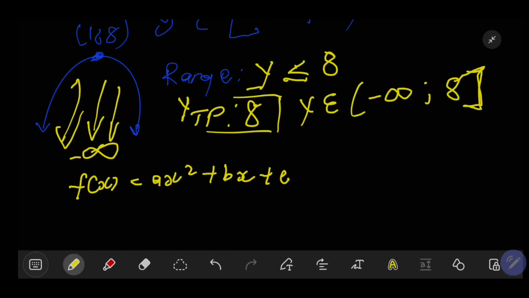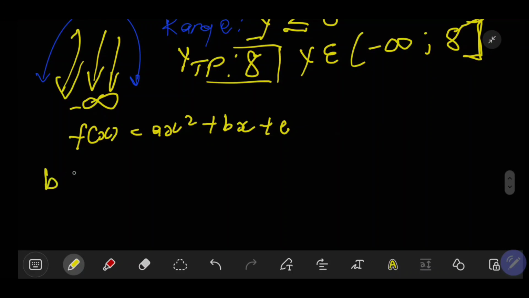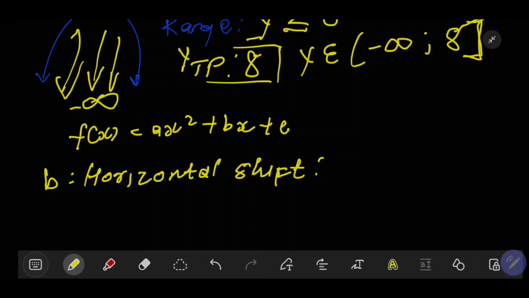Then the other effect of b is that it's responsible for horizontal shift. When we talk of horizontal shift, we mean moving to the left or right.